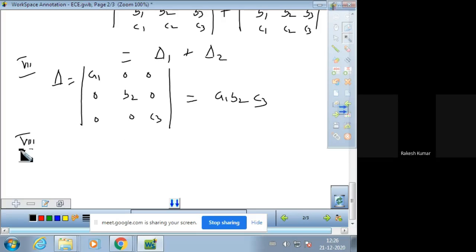And another important property is: prove that the value of the determinant of a skew symmetric matrix of odd order is always zero.